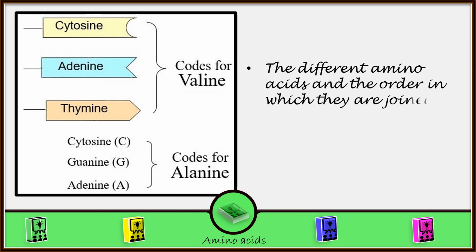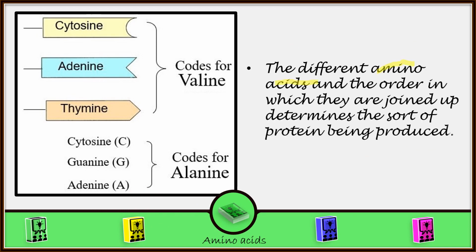The different amino acids and the order in which they are joined up determine the sort of protein being produced. If we have very many amino acids, the order in which they are joined together will determine the protein which is going to be produced.